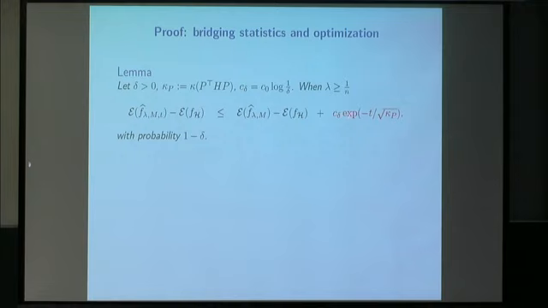Indeed, it is just the exponential of minus the number of iterations divided by the square root of the condition number. It is interesting because while the results for the optimization are in the H norm, so the norm of the matrix H, here the problem is in terms of the excess risk. It can even be generalized to other optimization algorithms.